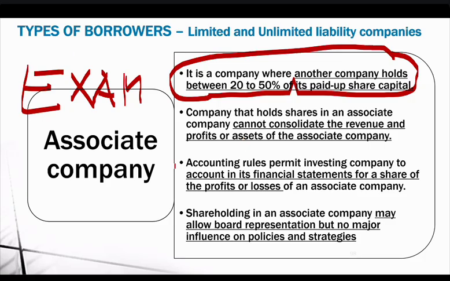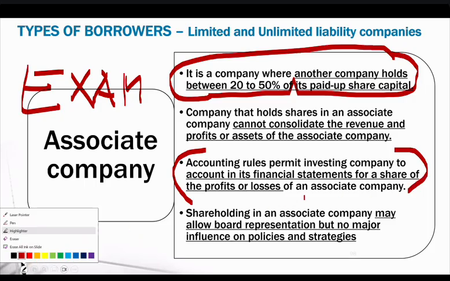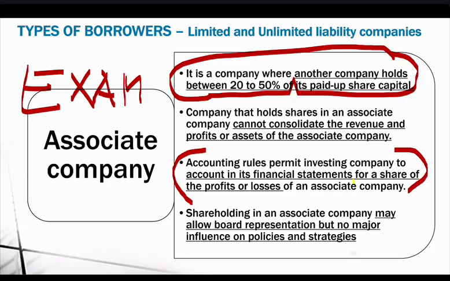They do allow accounting for a share of profits and losses. The keyword is share of profits and losses. But they do not allow consolidation of revenue and profits. Consolidation doesn't apply for associates. Consolidation applies for subsidiaries. Shareholding may allow board representation, but no major influence on policies and strategies.